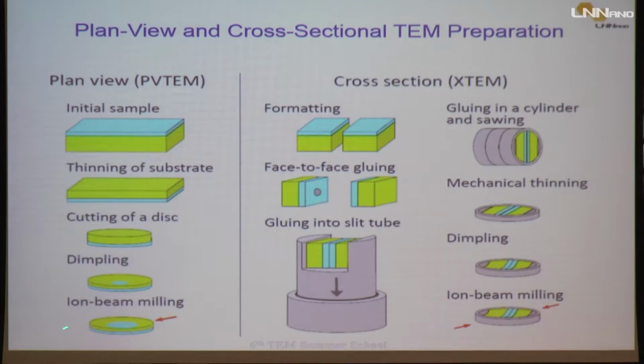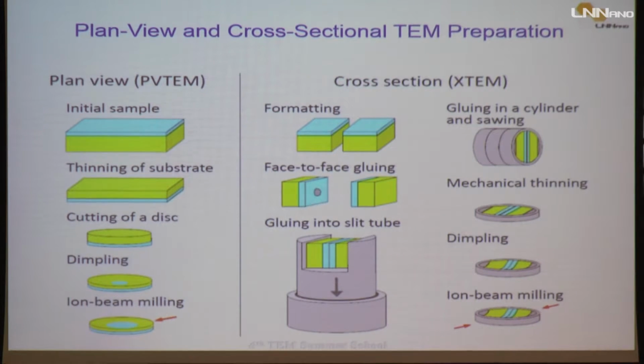And then you can go to the ion beam milling machine to do the milling here in the very center of your disc, until you have electron transparency, okay. With this, we can see a plane view. From the top surface, we can image from the surface, and you have the plane view.